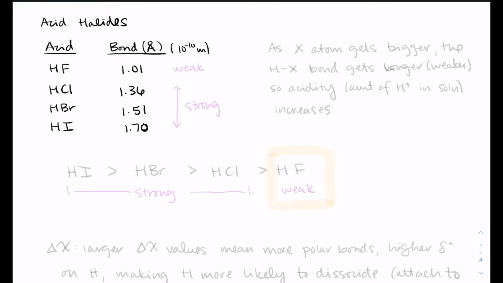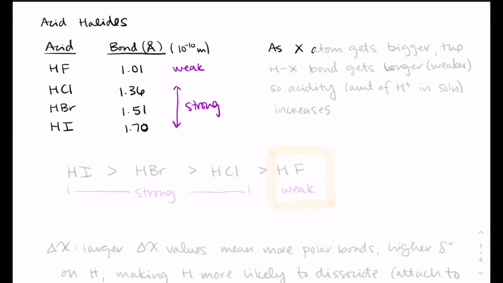So what you're seeing is the halogen's getting bigger, the bond is getting longer, and a longer bond is a weaker bond, meaning if it's a longer bond, it's easier to break. So if it's easier to break, then you have more H plus in solution, which we define as being a stronger acid, right?